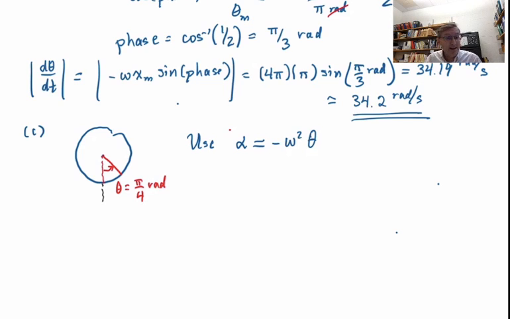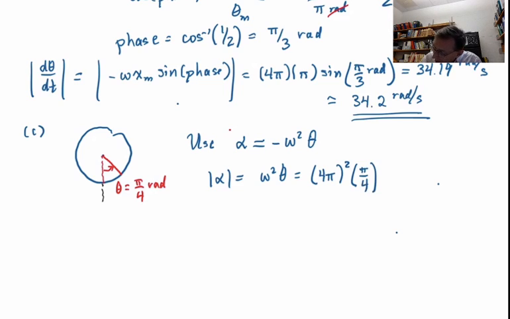I know the omega and the theta, but I want the absolute value of the angular acceleration, so that'll be omega squared times theta. Remember, the omega is 4 pi, so that gets squared. The theta is not theta max, it's the theta of the picture here, because I want the alpha for this picture. And that theta is pi over 4.